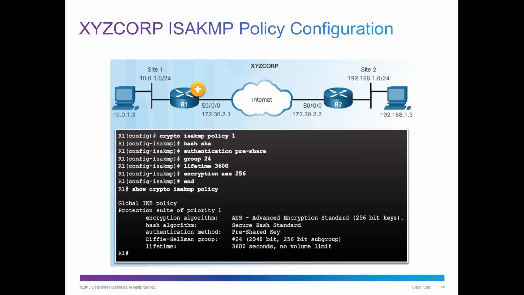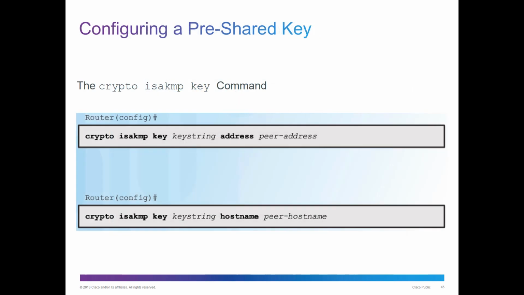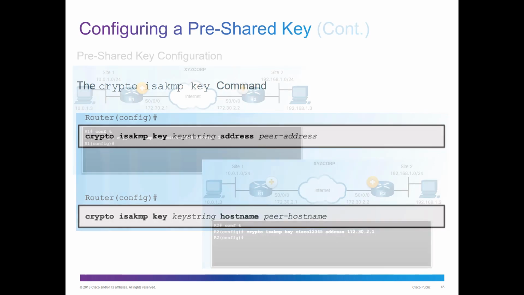So now that we discussed some of the commands, let's get into the crypto ISAKMP commands. Here we need to be able to set up our new key, our key string, and our peer addresses. We can use the key string or host name if DNS is functioning.